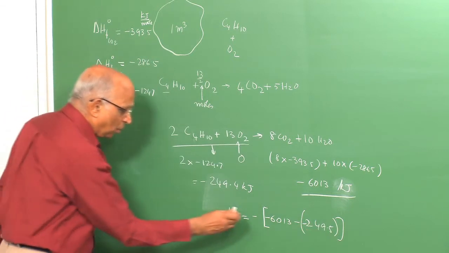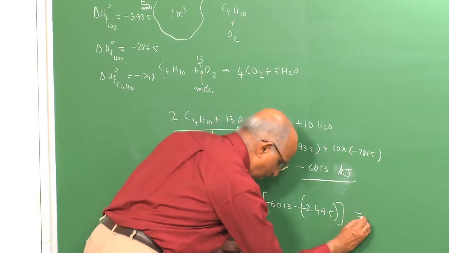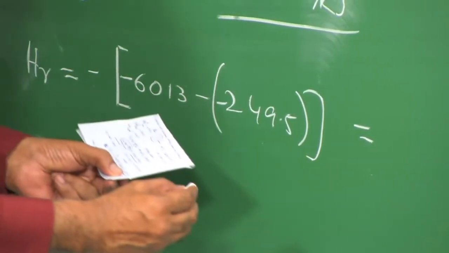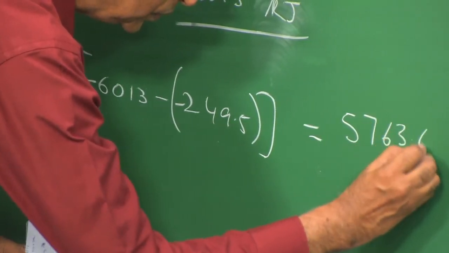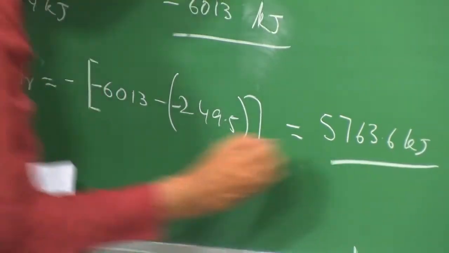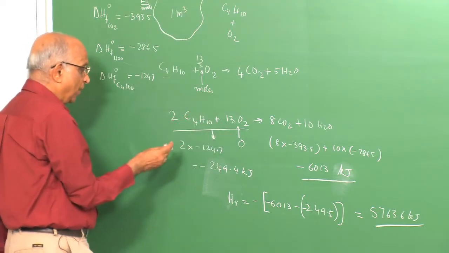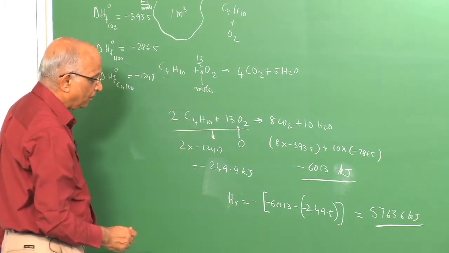Therefore, this is equal to plus 6013 minus 249.5, and this comes out to be equal to 5763.6. This is the heat from this particular reaction involving 2 moles of butane and 13 moles of oxygen.